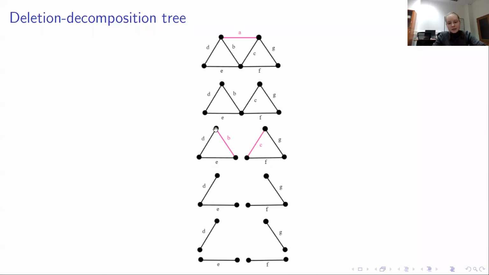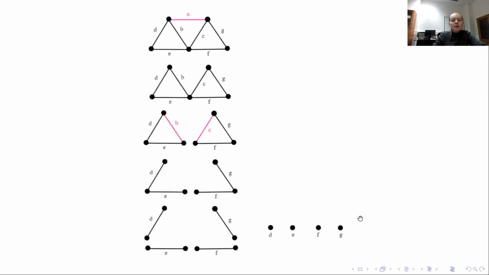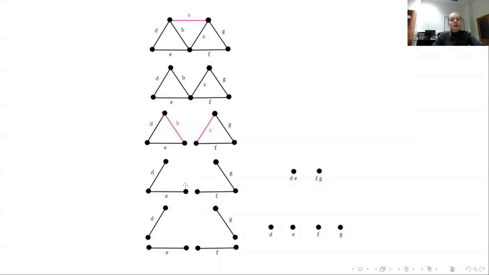So here is the whole sequence again, just the important steps which I will need for constructing the decomposition, and I will construct it from the bottom. I start with these four single-element matroids. According to the definition, for each of them I create a vertex and label it by the element. Now, if I move one step back, within each of these parts, D, E, F and G, I take the decompositions and merge them together into one root.